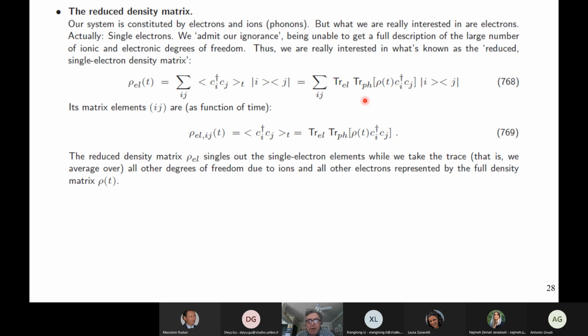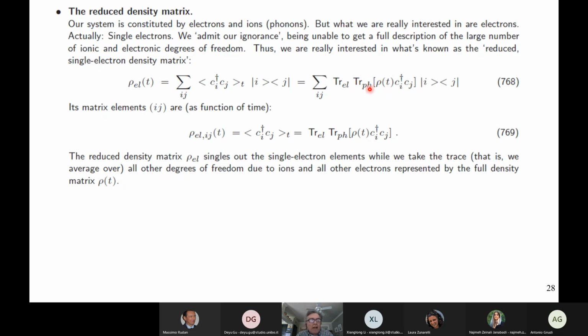So this object tells me, if you take the matrix element ij of this object, what is the amplitude of the states ij. If i and j are the same, it is the occupation probability; if they're different, it is the amplitude of having the state in a linear superposition of those two states, but averaged over all possible phonon configurations, okay?